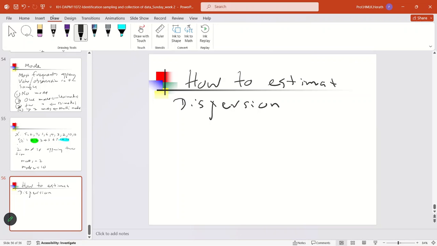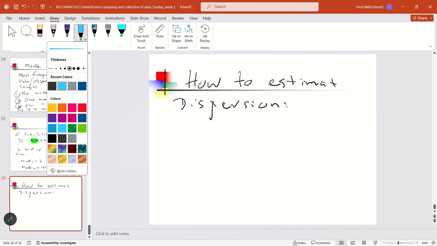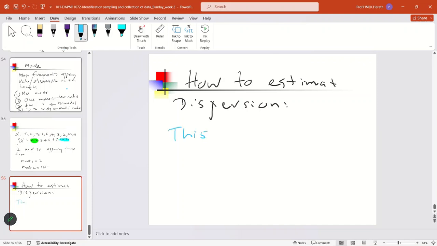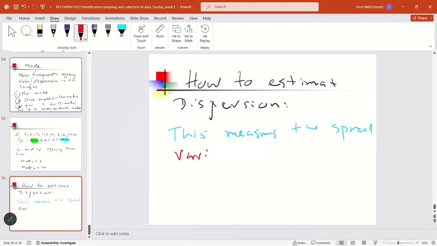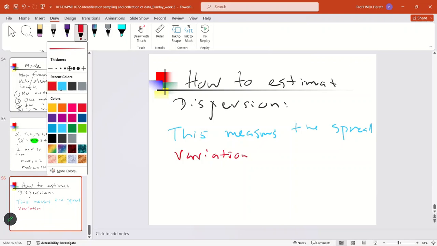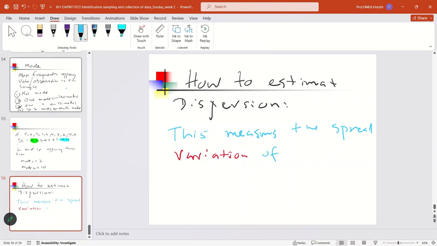So this measures the spread, or as we call it, the variation of data.